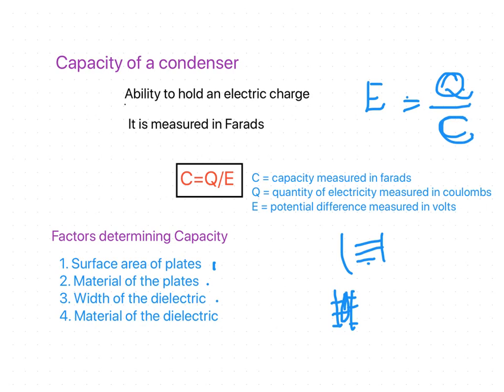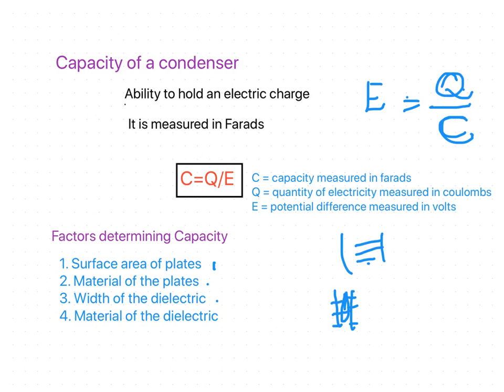Such kind of materials you have to select in the construction of the condenser. Like we can use mica, ceramic plates like that. We will see different types of capacitors afterwards. So these are all the factors determining the capacity of the condenser.